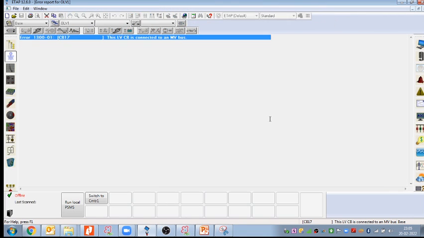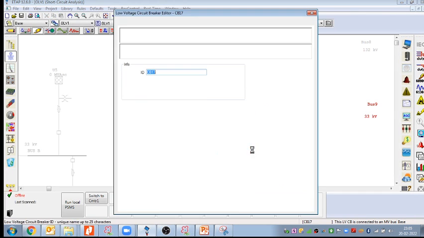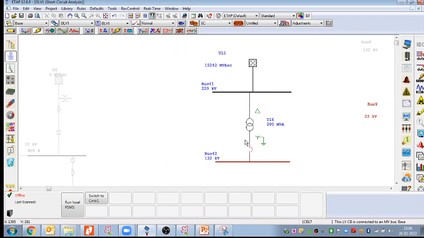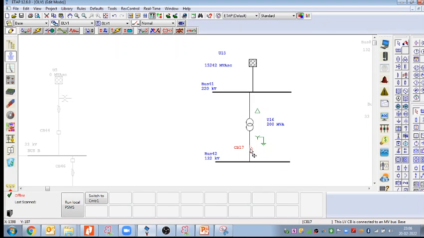Let us see how much current is coming. Oh, the circuit breaker is low voltage, this circuit breaker is an LV circuit breaker, so I have to delete the circuit breaker. So first come to here, select this, delete this, and then again perform.